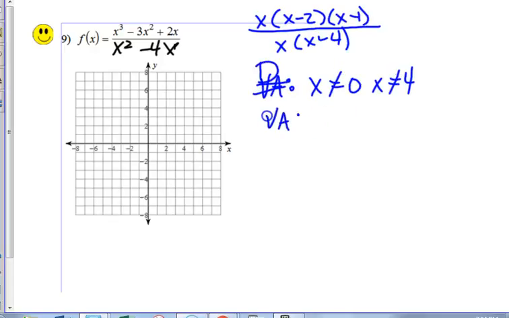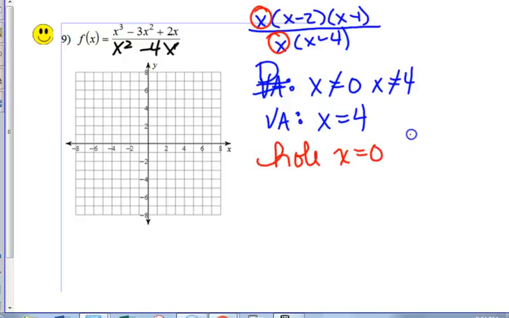But the actual only vertical asymptote is at 4, because this is a common factor, so there's a hole at x equals 0. Once I've written that down, what can I do? Well, I can divide that out, right? Get rid of it, factor it out, and I'd get negative 2 times negative, I'm putting in a 0. I get 2 over negative 4, which is negative 1/2.